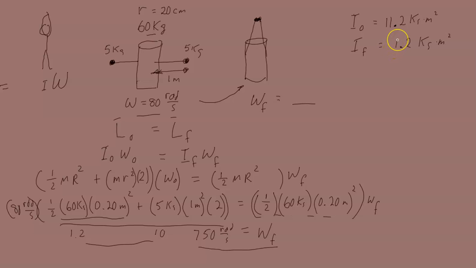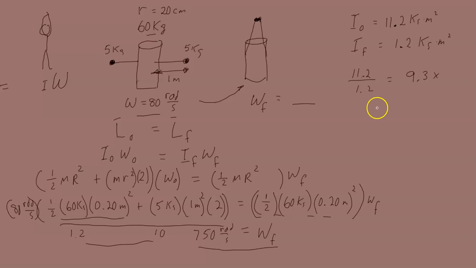If you look at the ratio, 11.2 divided by 1.2, there's a factor of like 9.3 times. So the moment of inertia is 9.3 times greater before than afterwards.